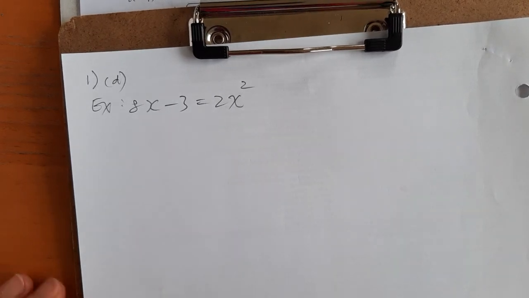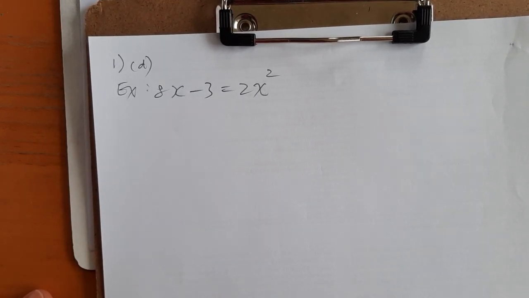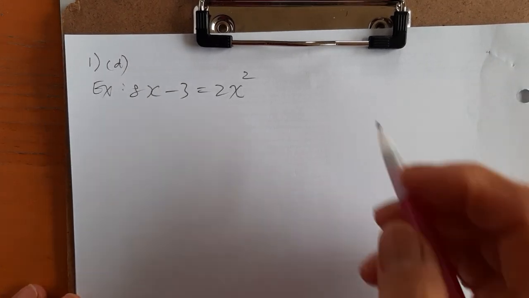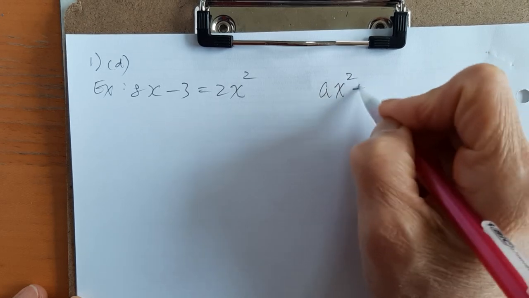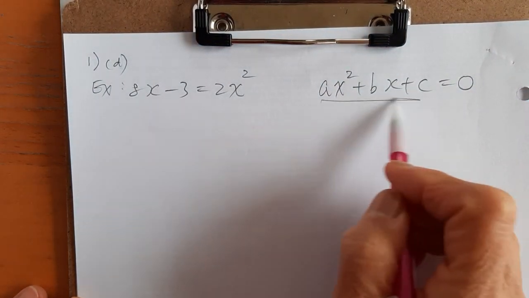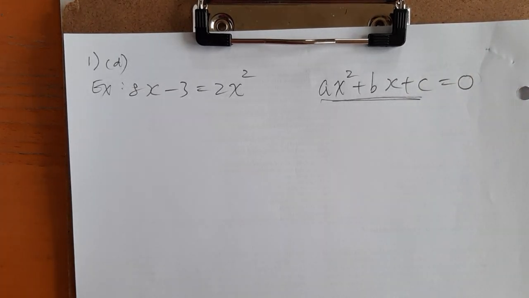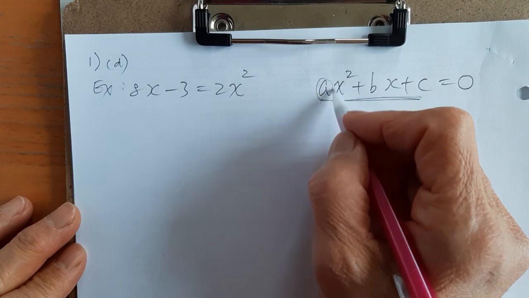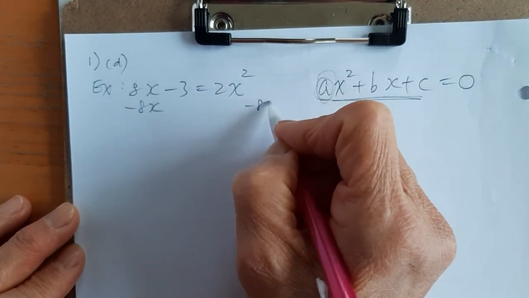So first of all, we have to write it in the standard form of the quadratic equation. Quadratic equation standard form is ax squared plus bx plus c equals 0. All the terms on one side, the other side is 0. I want to keep the leading coefficient positive, so I subtract ax.